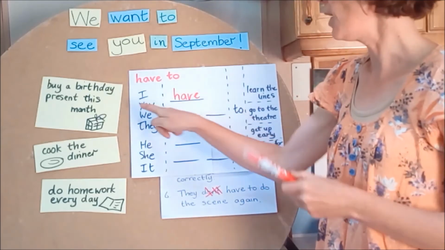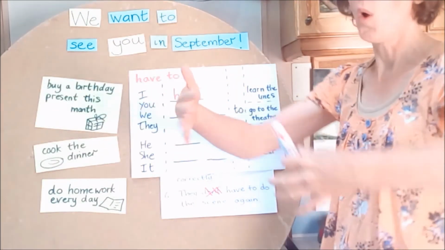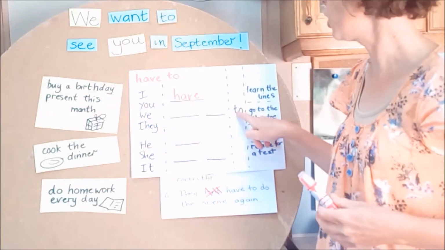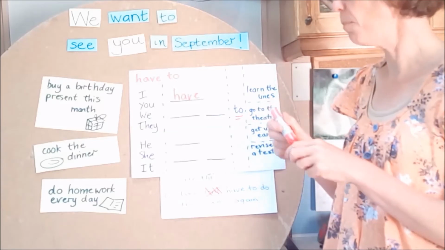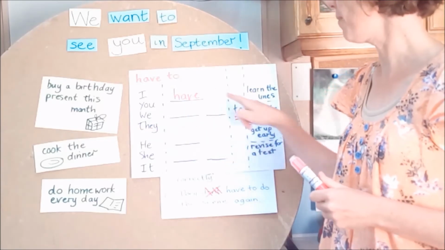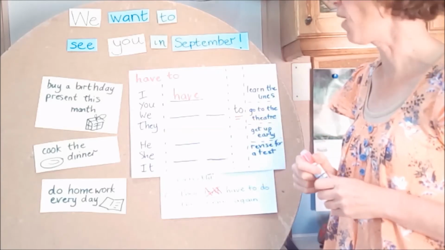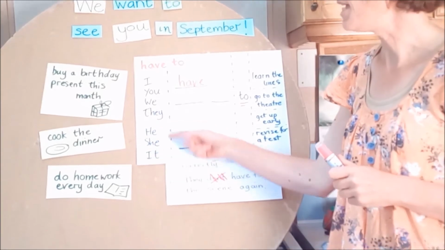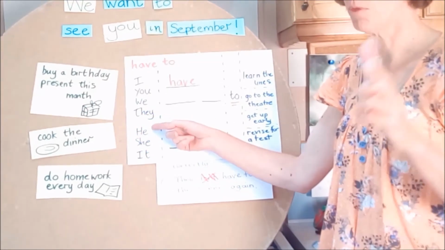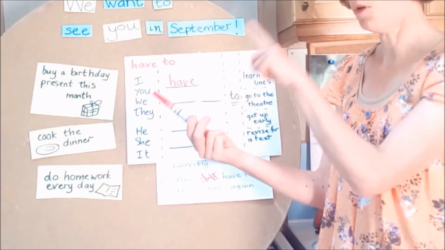You can also say you have to get up early. We have to get up early. Don't forget the to. To is important. Or they have to get up early. The verb doesn't change very much, but it does change for these. Remember he for a boy, she for a girl, it for an object.